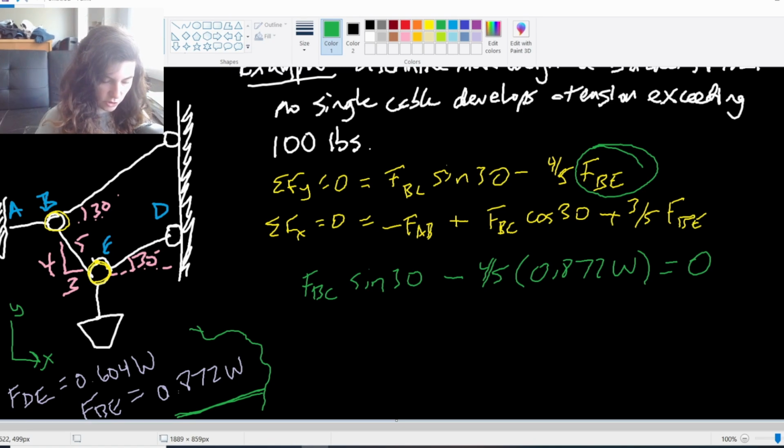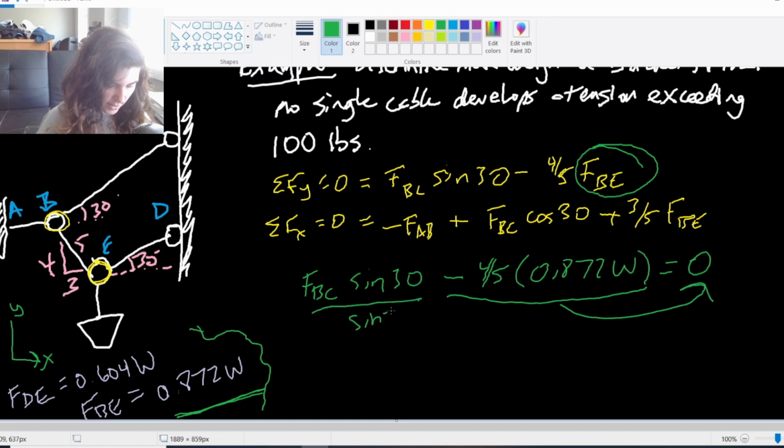So now I can just add this component over to the other side and divide by sine 30 so that I get F_BC. If I punch into a calculator 4/5 times 0.872 divided by sine 30, I get 1.4 W.